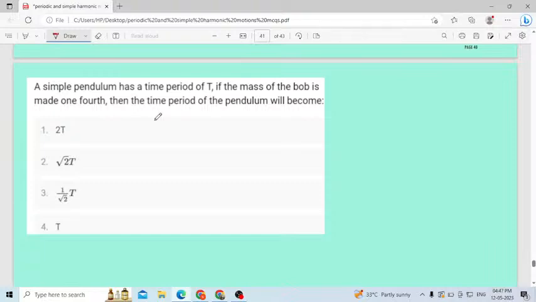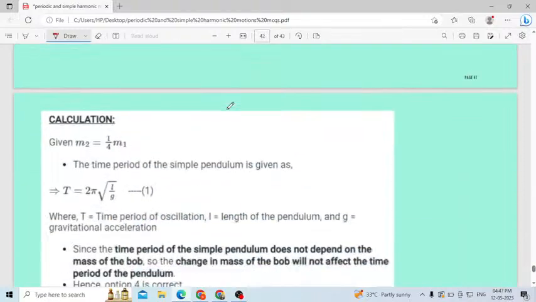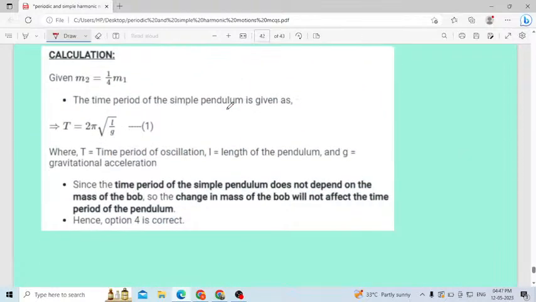A simple pendulum has a time period T. If the mass of the bob is made 1/4, then what will the time period of the pendulum become? The mass of the bob is given as m2, which is 1/4 of m1. Then the time period will be 2 pi root of L by g.